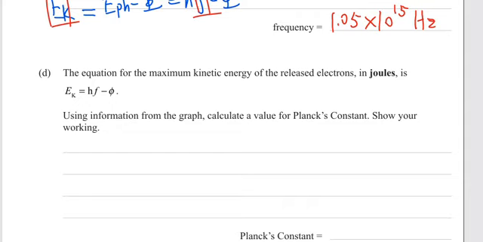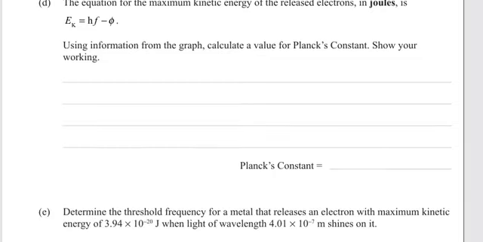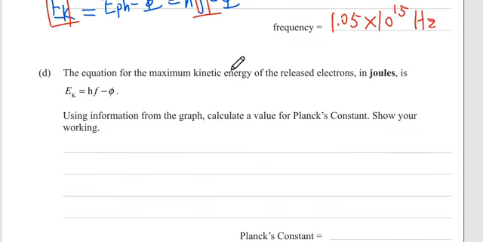And then maybe let's try to deal with this question D. The equation for maximum kinetic energy of the released electrons in joules is EK. We know it already. Using information from the graph, calculate a value for Planck's constant, and show your working. We want to calculate this time Planck's constant, h. So how do we do that?